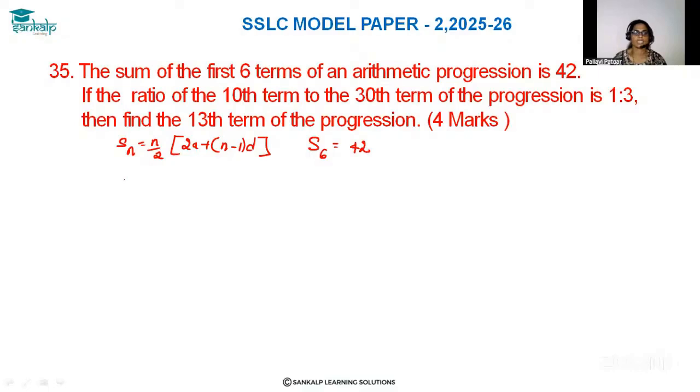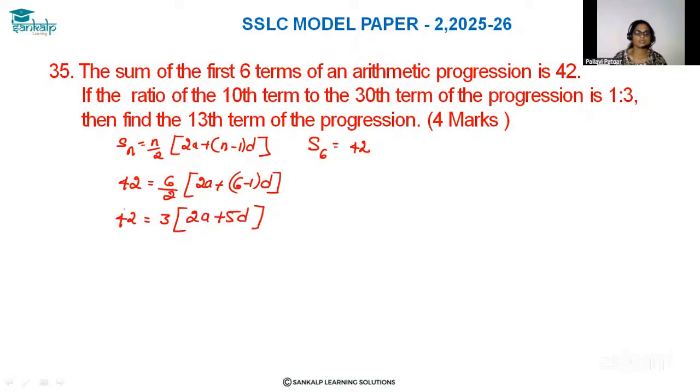So S6 = 42 is equal to n by 2, which is 6 by 2, into (2a plus (6 minus 1) into d). So 42 is equal to 3 into (2a plus 5d). Now 42 divided by 3: the 3 multiplying on the right side goes to the left side as divided by.